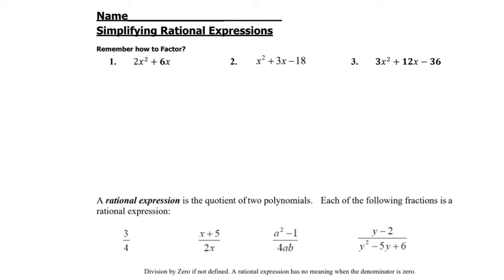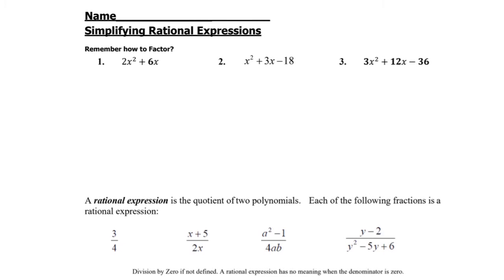How do we factor? For number 1, we need to find a greatest common factor. So if we look at 2x squared plus 6x, we know that 2 goes into both 2 and 6, so we're going to pull out a 2. And we also have an x in both of them, so we're going to take out an x.